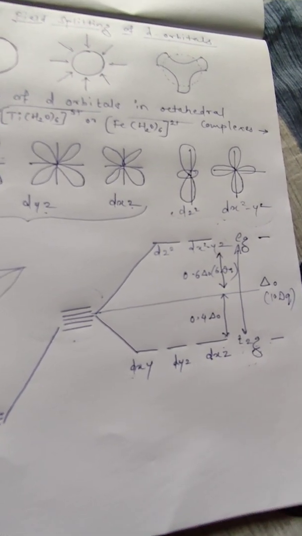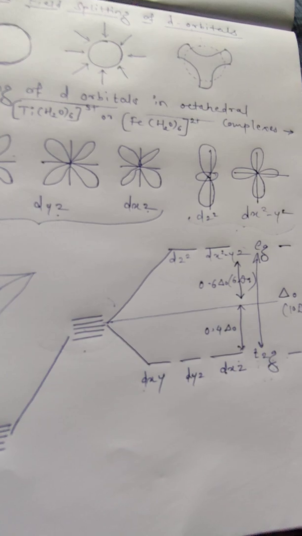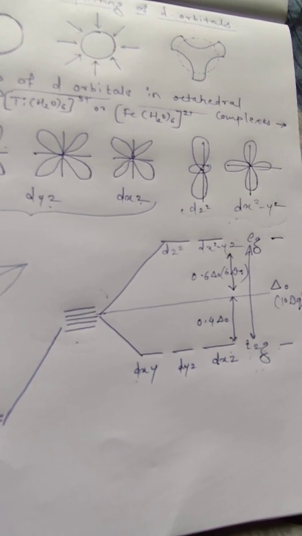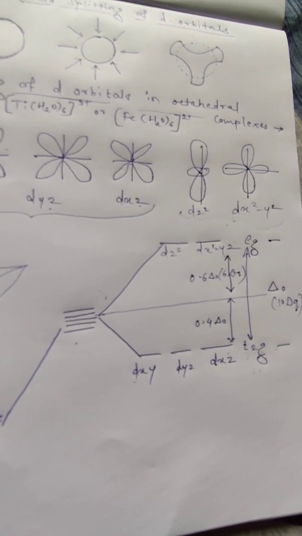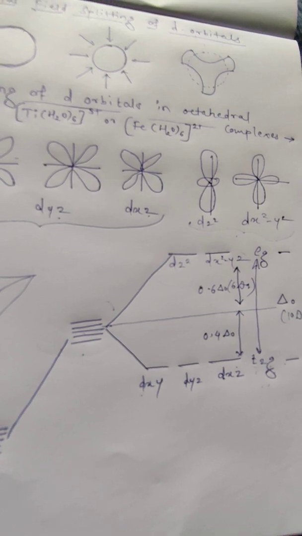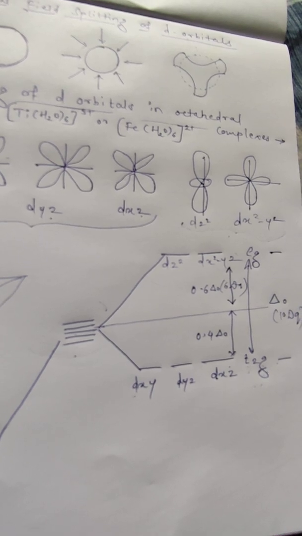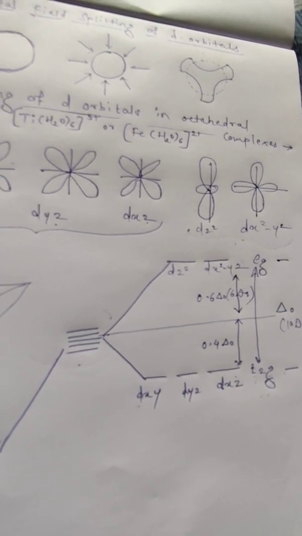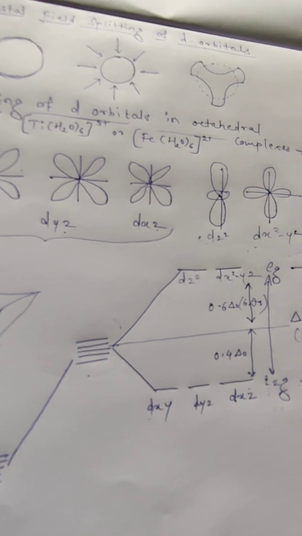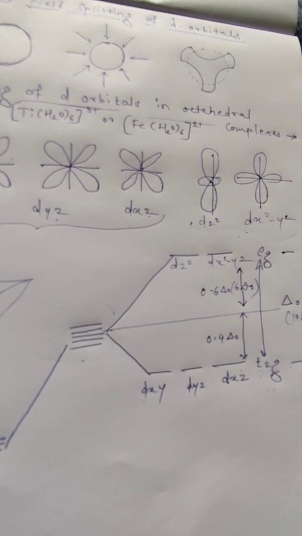So we can say that the net release of energy during the formation of the complex is called crystal field stabilization energy, and this energy is responsible for the stability of the complex.